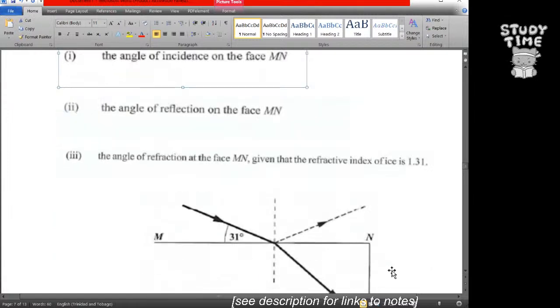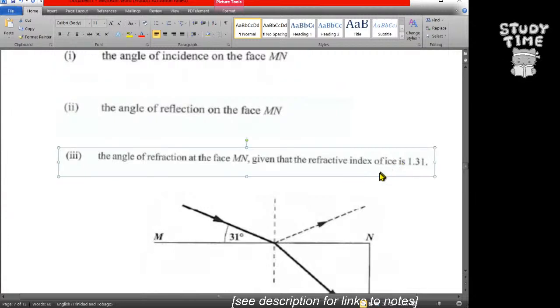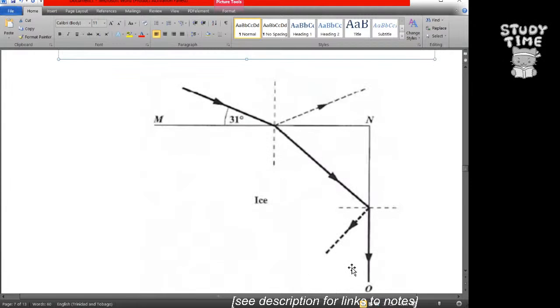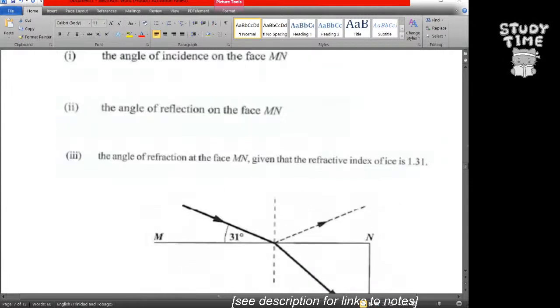Calculate the angle of refraction at the face MN given that the refractive index of ice is 1.31. This one is not so bad, it's actually just that the diagram looks a little intimidating.